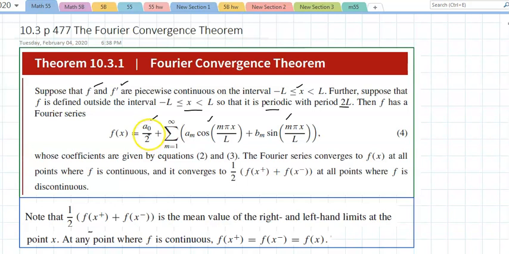Whose coefficients a sub 0, a sub m, and b sub n are given by equations 2 and 3 from the previous section. The Fourier series converges to f of x at all points where f is continuous, and it converges to f plus f minus divided by 2, which is the average, at all points where f is discontinuous.